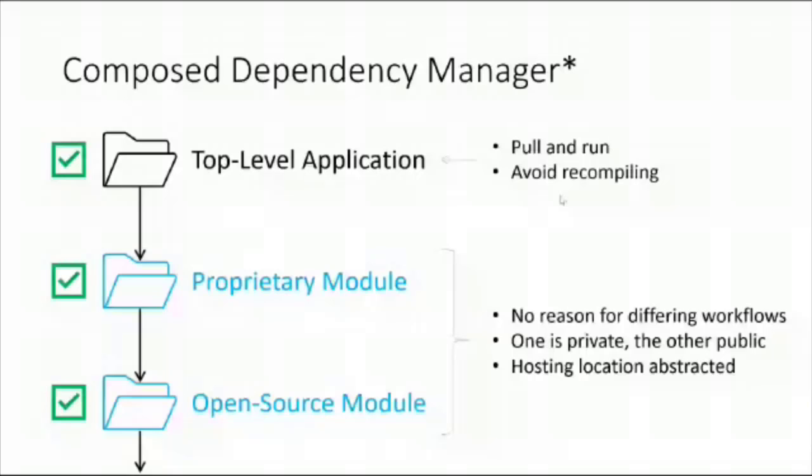What we are striving for is a tool that can handle a top-level application's consumption of dependencies, handle some mid-level proprietary modules' consumption of dependencies, and handle open source modules' consumption of other open source dependencies, all using the same tool, all using the same workflows. Right? We choose to believe this is all possible, right?